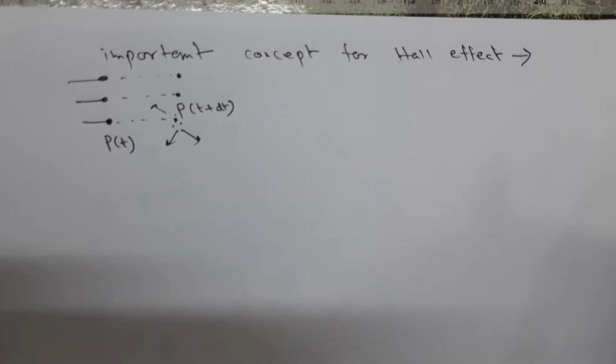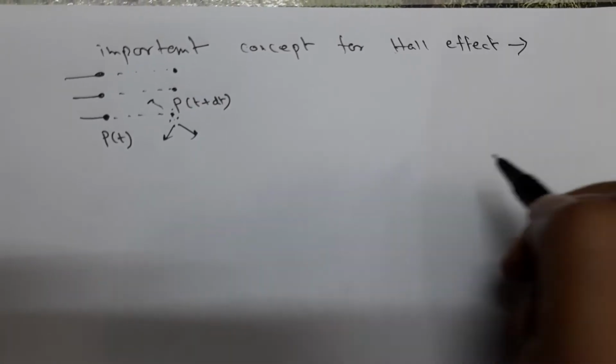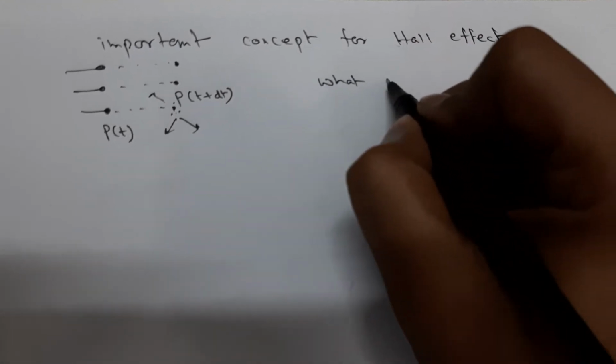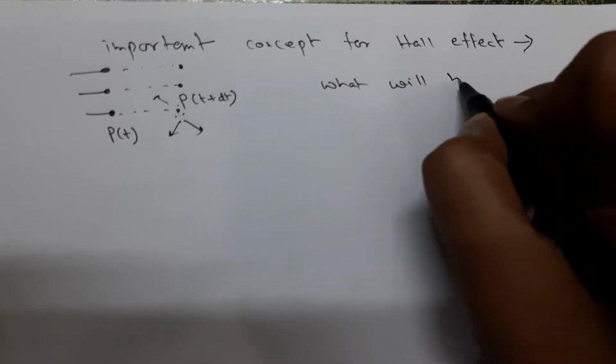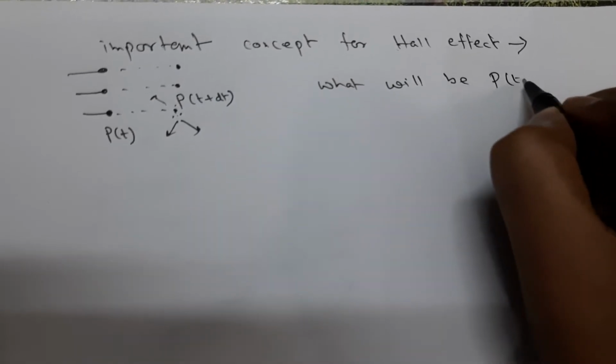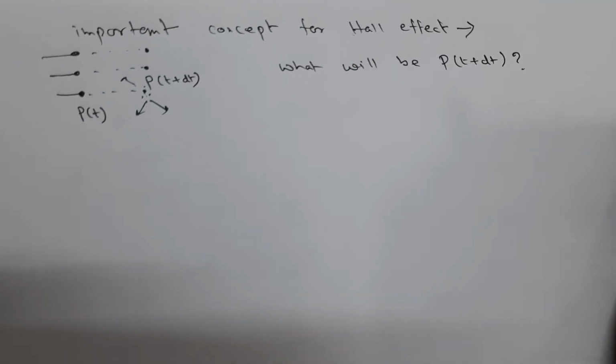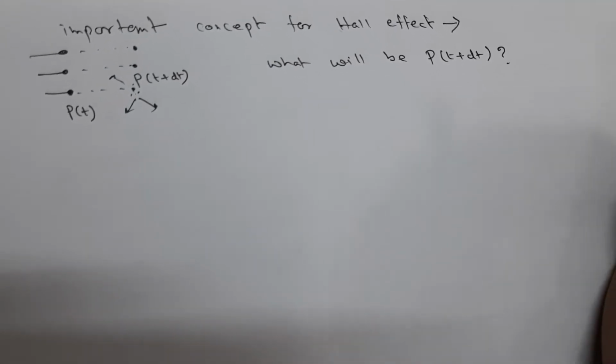Some may have scattered like this. So we want to calculate p(t+dt), that we are interested in. So how to calculate that?